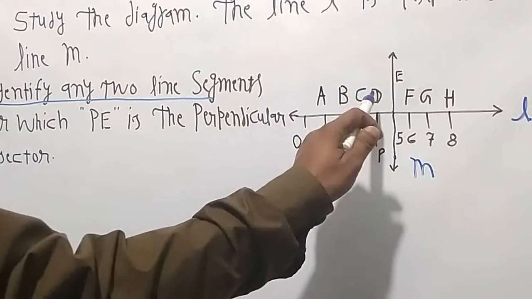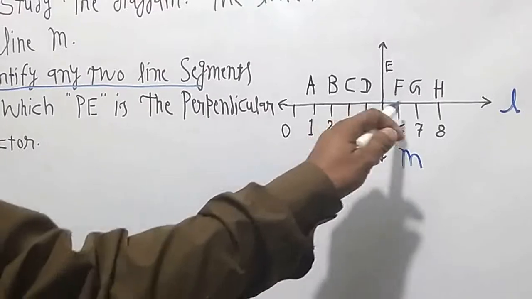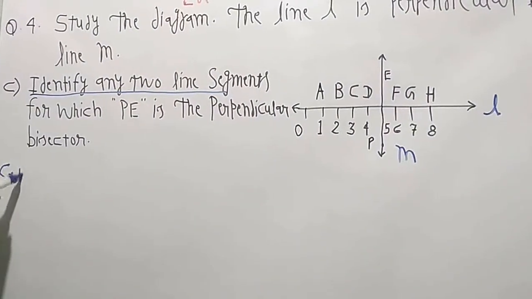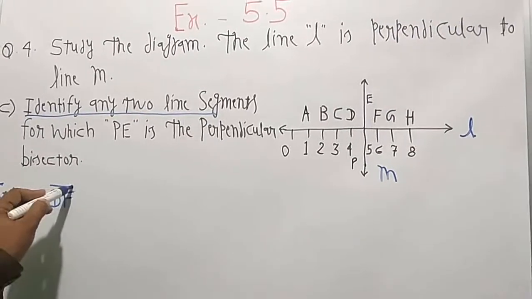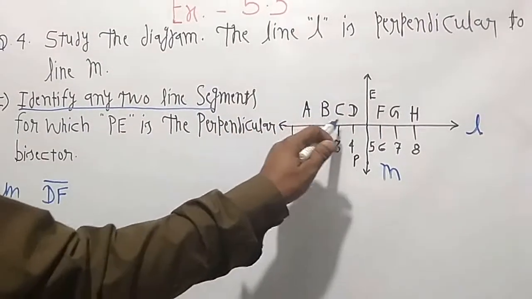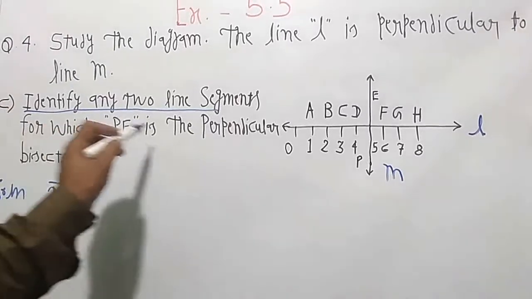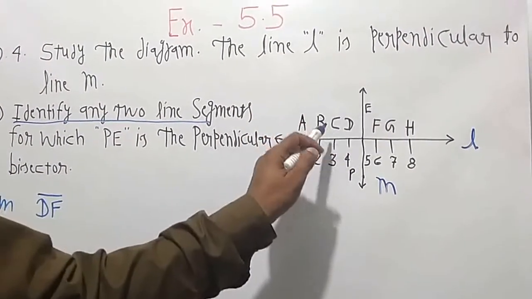This is the first line segment, DF, from D to F. So in the solution we can write, DF is the line segment for which PE is the perpendicular bisector.